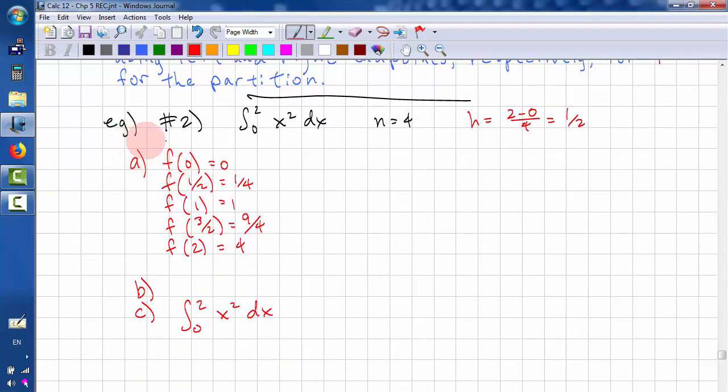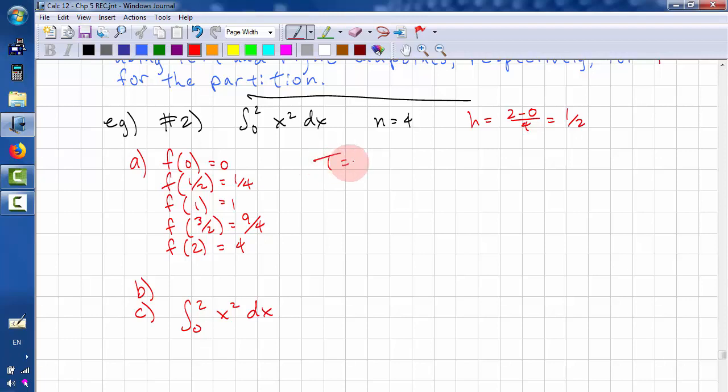Here's an example, number 2. Do the definite integral from 0 to 2 of x squared dx, where n equals 4. So we calculate the width of the partition, h equals 2 minus 0 over 4, and that's a half. If we have 4 partitions, we need n plus 1, so 5 data points, equally spaced.